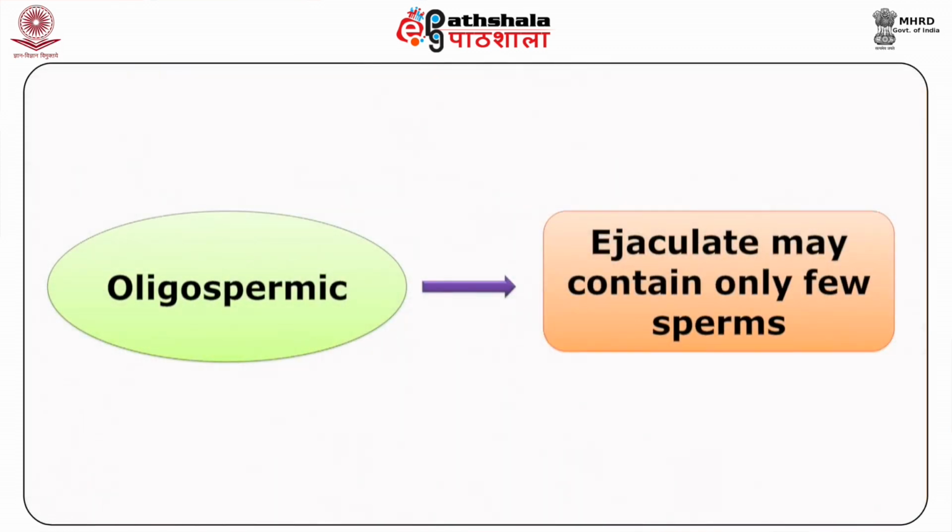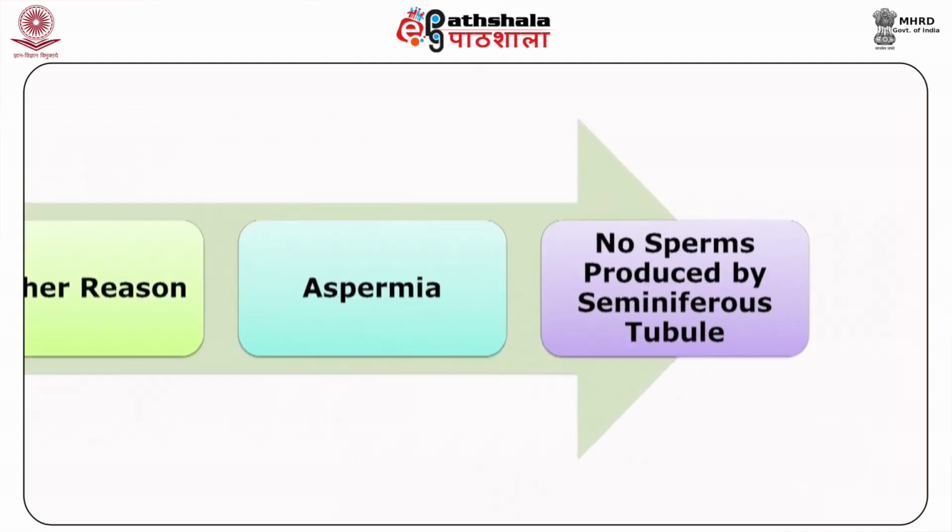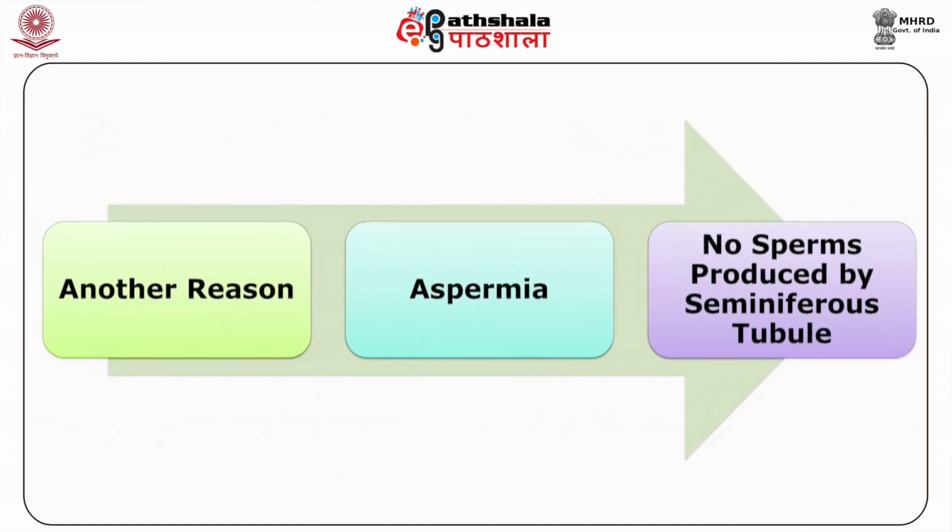If a criminal is oligospermic, then his ejaculate may contain only a few sperms. Another reason could be the condition of aspermia, where no sperms are produced by the seminiferous tubules of the testis.